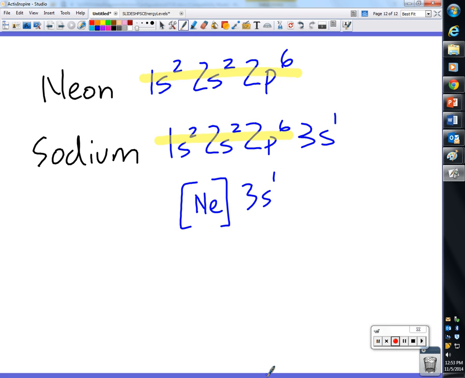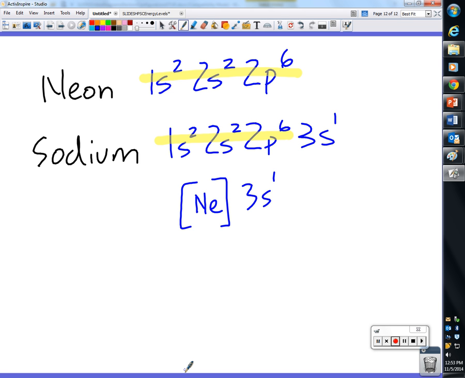Their s orbitals and their p orbitals are all full. That kicks us up to another level. So we can shorthand our electron configuration for sodium, because neon represents a full set of the 1 and 2 energy levels, and then we can just pick it up from there.